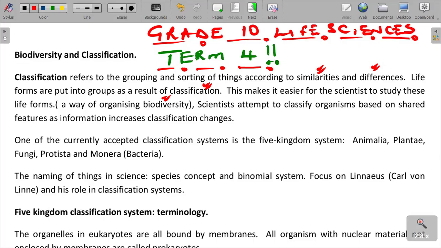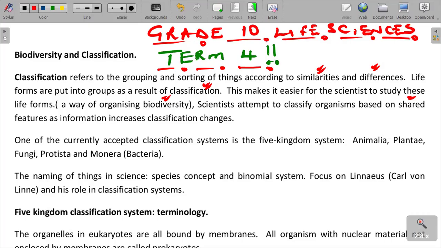So scientists attempt to classify organisms based on shared features, so that those organisms having specific features that are alike are given a similar class. This classification changes as information increases.